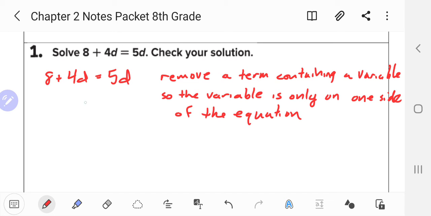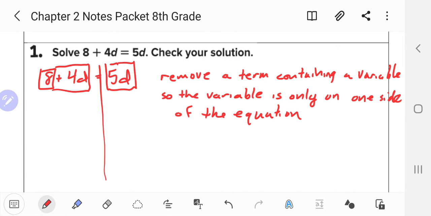All right, so we're going to be thinking of these as terms, and we're going to remove a whole term that contains a variable, okay? So I think of this as a term, and we have that term on that side. We want to remove one of these terms completely. Any term, you can always remove a term by addition or subtraction.